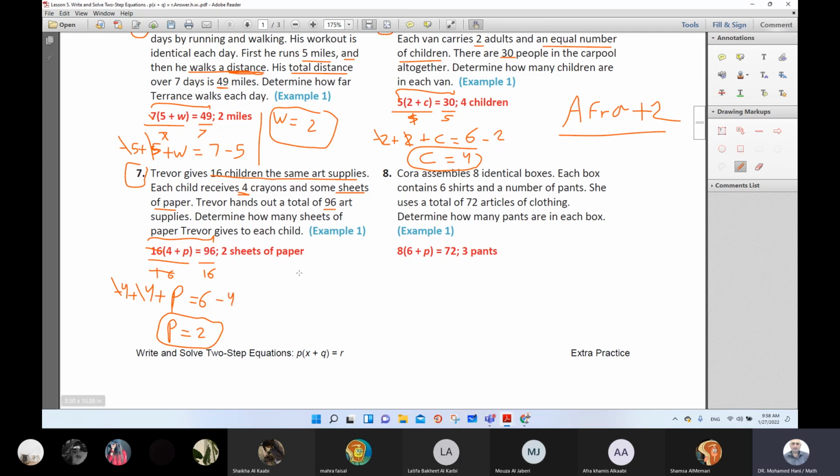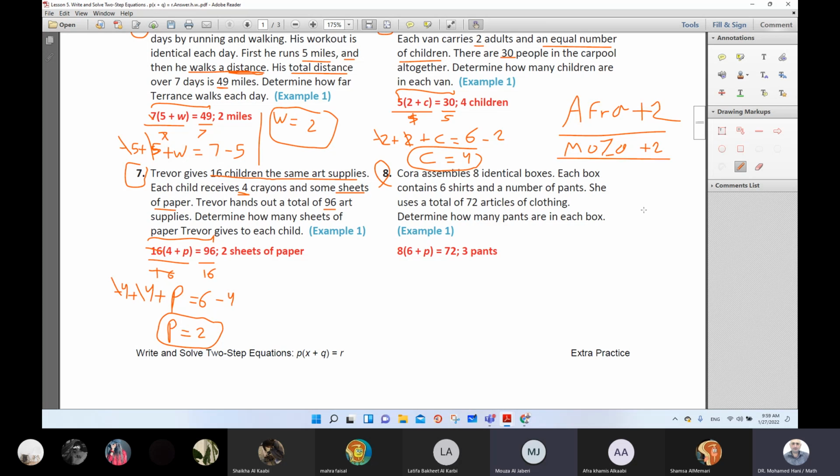Okay, who can read exercise number 8? Mr. Musa, can I? Yes, Moza, please. Cora assembles 8 identical boxes.